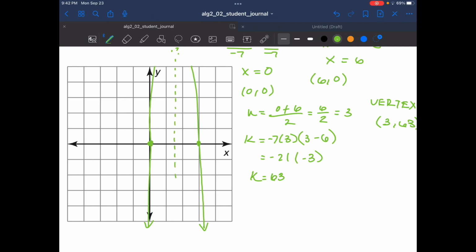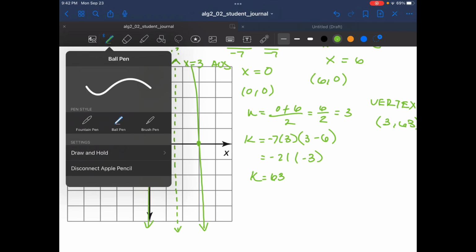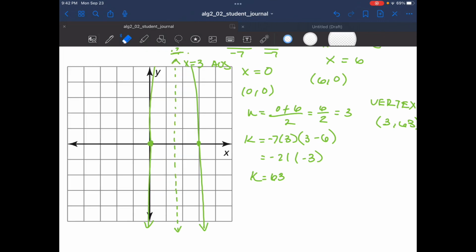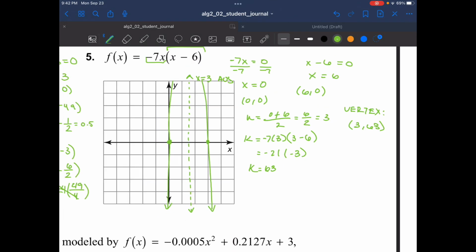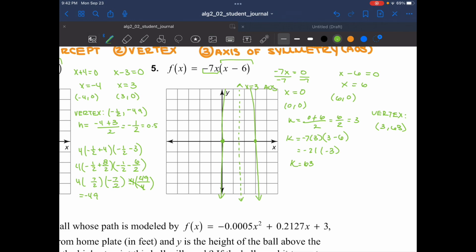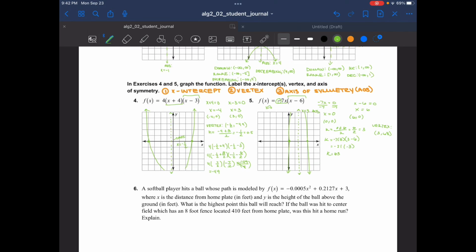Here's x equals 3 for my axis of symmetry. And then we're just going to let the imagination run for where that vertex is, because I don't want to graph that or deal with the scale today. I know that this is going to face upside down because, again, this is negative, so this is going to be a frowny face.